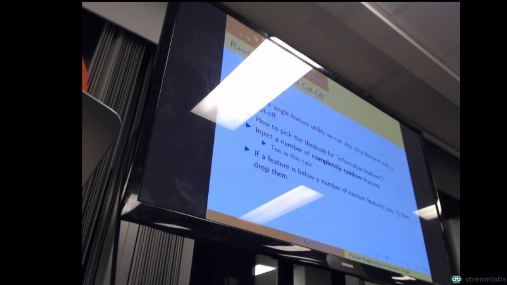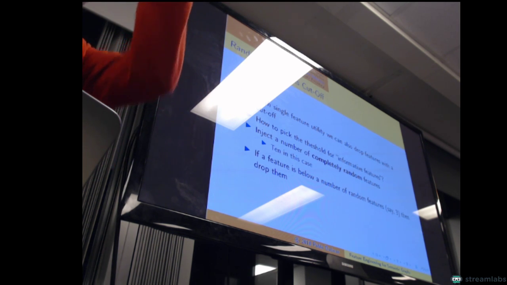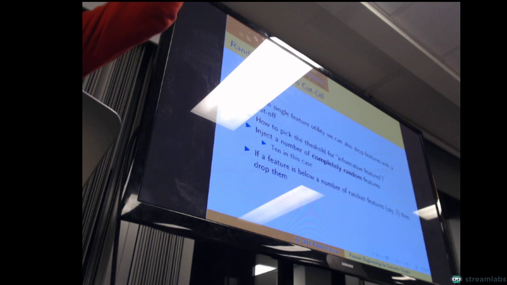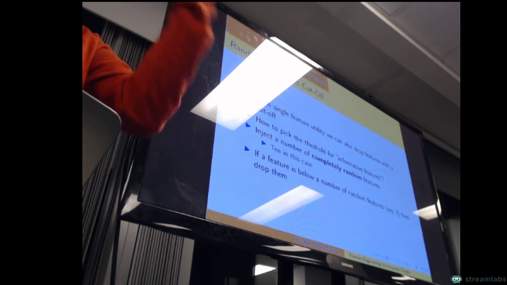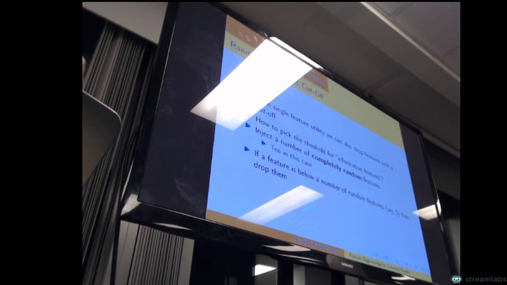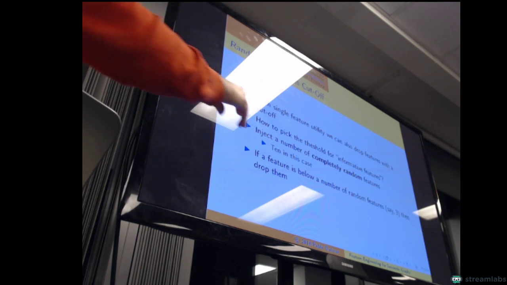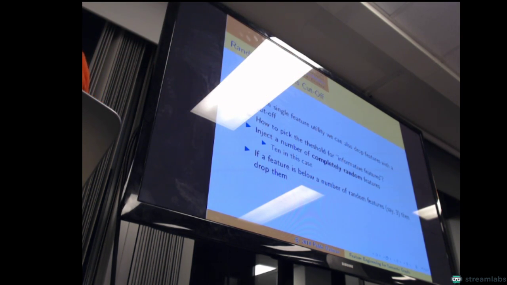You take a feature that's completely random, you throw it in, and then you start looking at how your features get ordered, and if some features start having a lot of random features above them, then you say, well, this feature is really indistinguishable from random. And anything after that, you drop. So in this case, I used 10 random features, and I dropped everything that was below 3 random features.